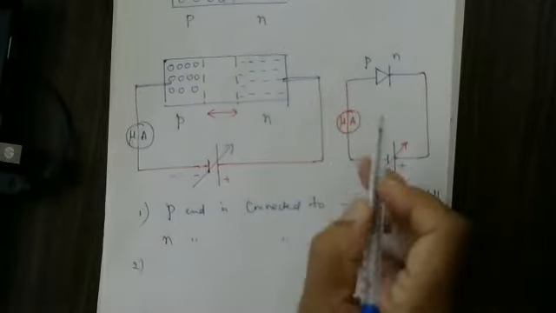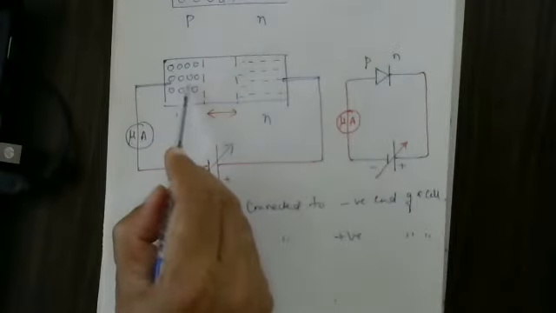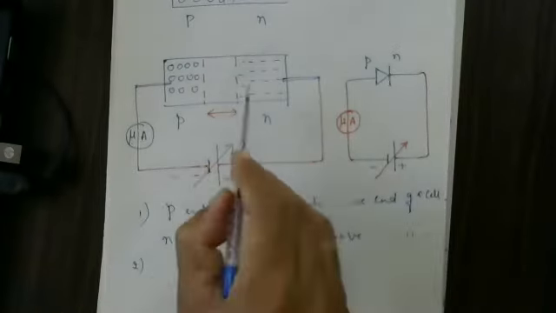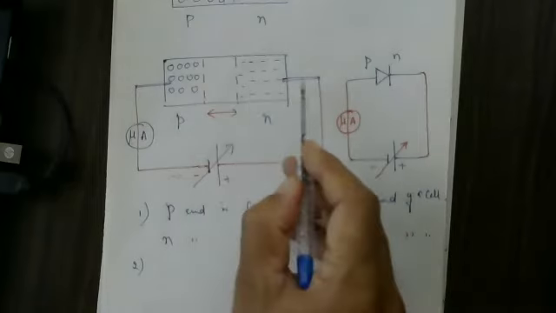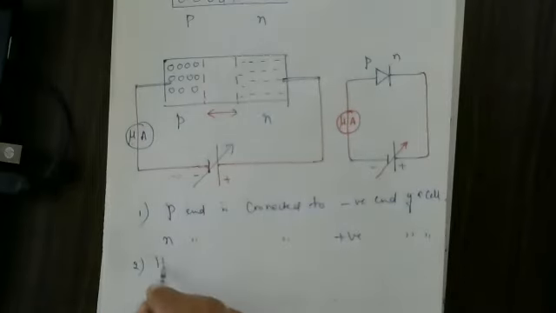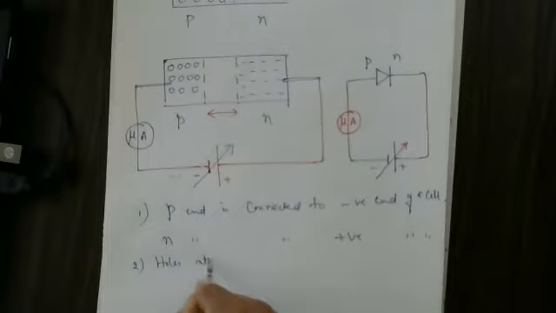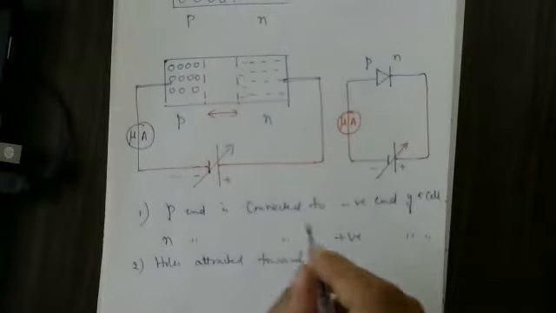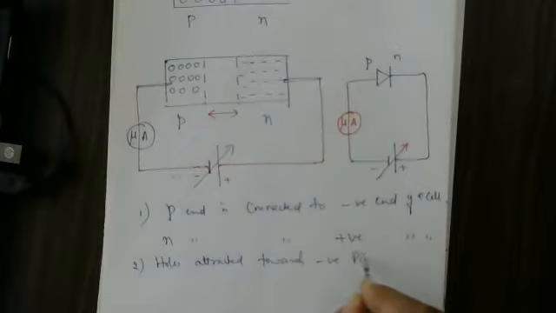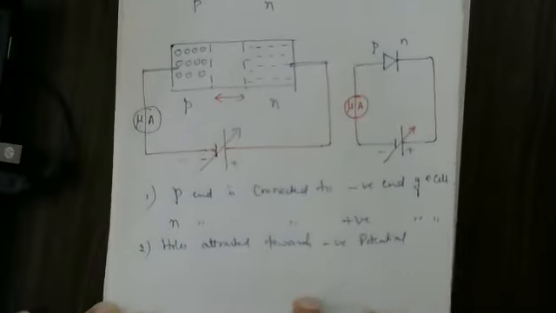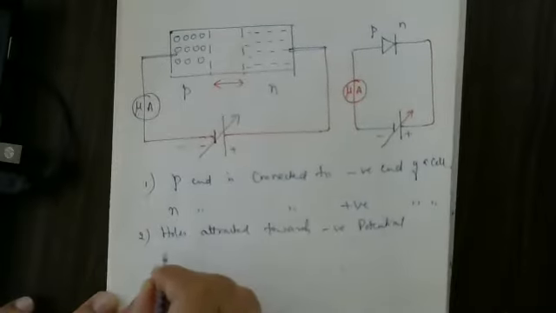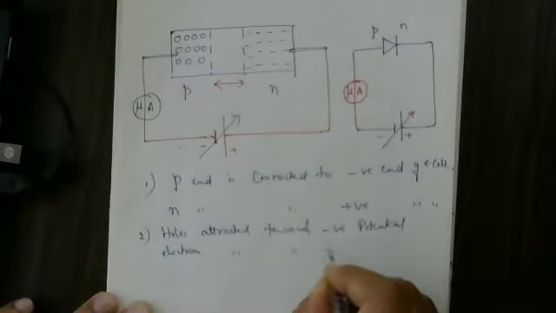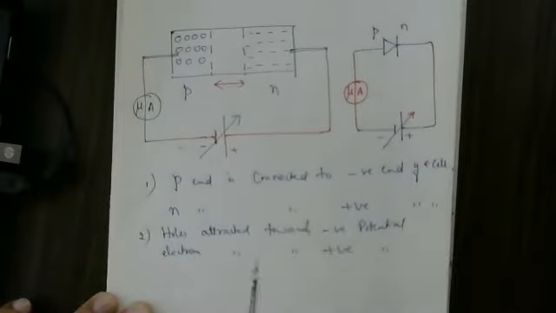Number two, as soon as you connect this, holes are attracted towards the negative potential, and electrons are attracted towards the positive potential. So holes are attracted towards this negative potential of the voltage source we have connected. And here electrons, which have negative charge, are attracted towards the positive potential.